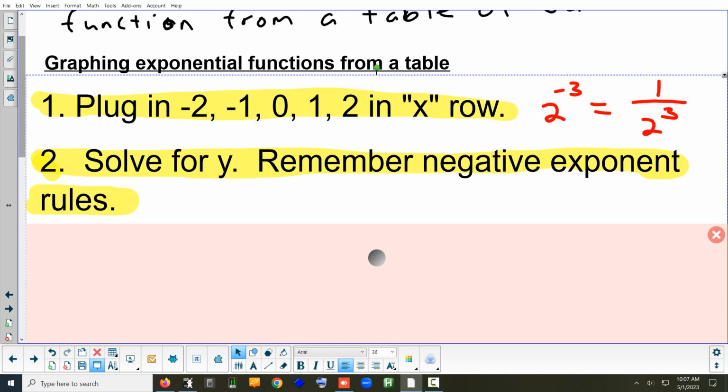Negative exponent means you need to take that number with the negative exponent and put it in the bottom part of a fraction. So in this case, this would be 1 over, what's 2 to the 3rd power? Yep, 8.